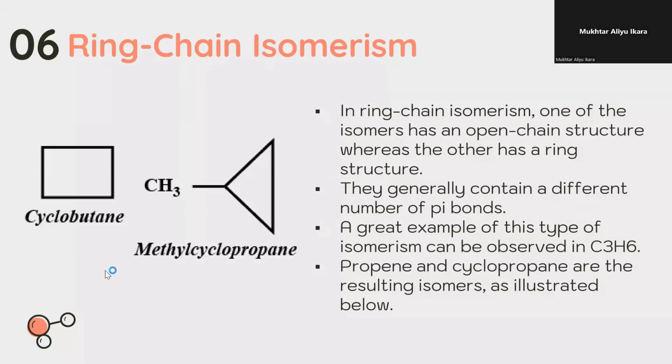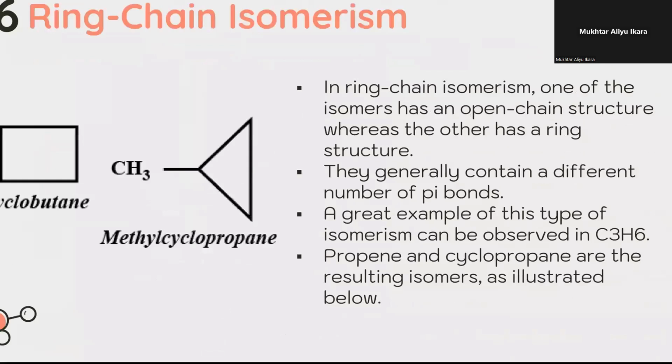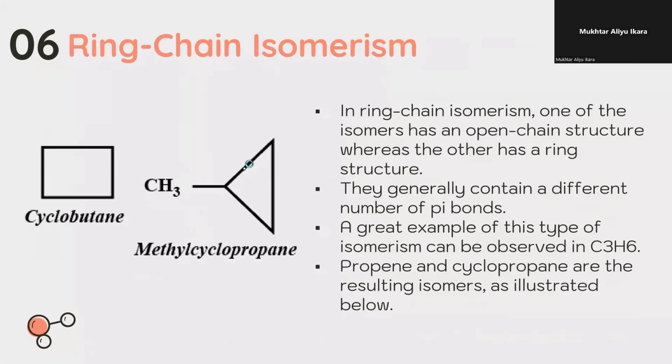C3H6. So propene and cyclopropane are the resultant isomers as illustrated below. So now, in this case of ring chain isomerism, let's look at this structure, cyclobutane and methylcyclopropane.